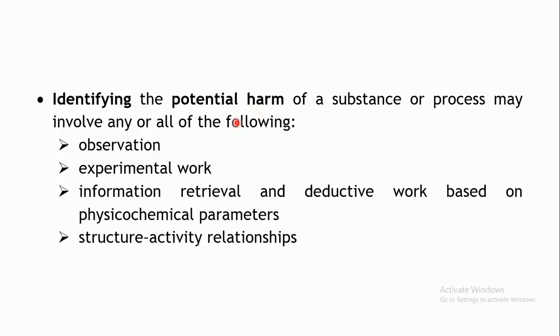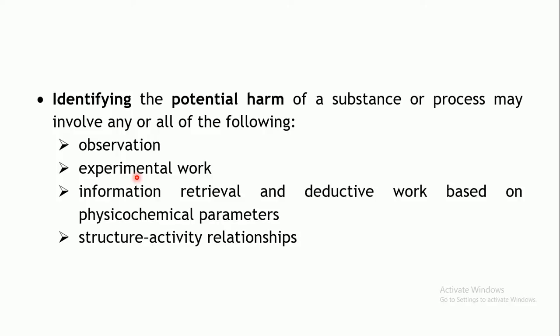So this involves observation. You need to make certain observations upon exposure. You need to observe that particular species or the environment carefully for any kind of changes or appearance of any kind of harmful effects. Certain experimental work may also be involved.